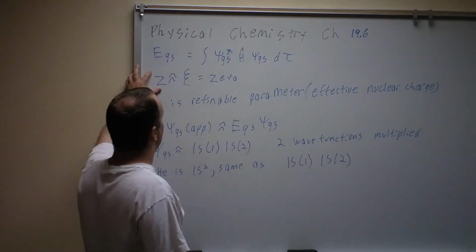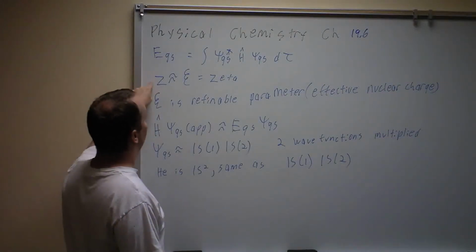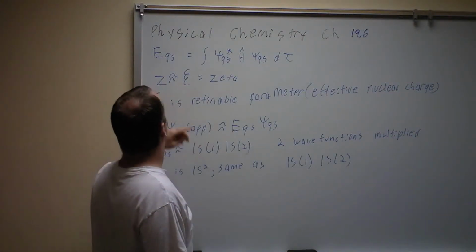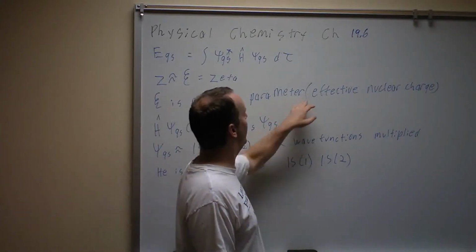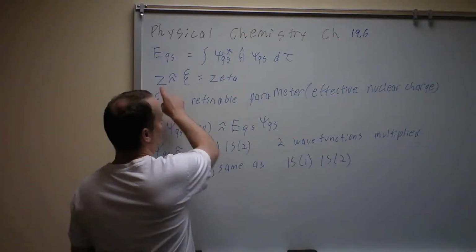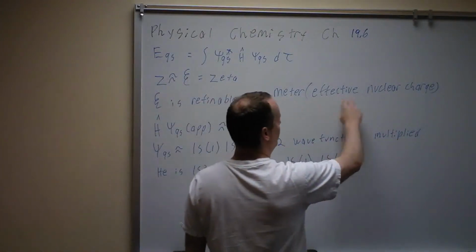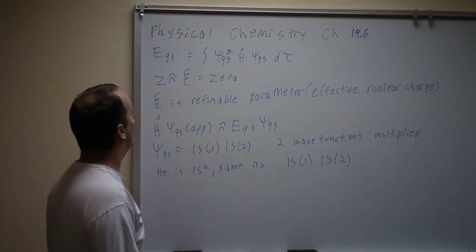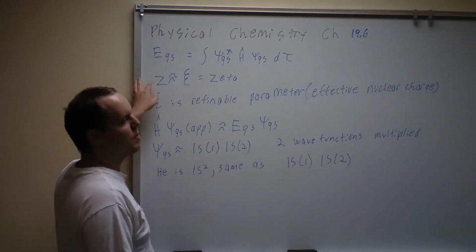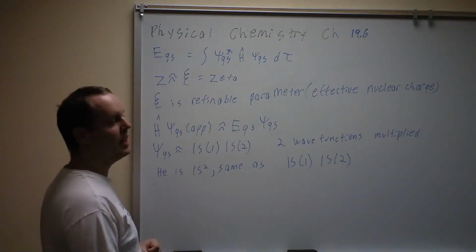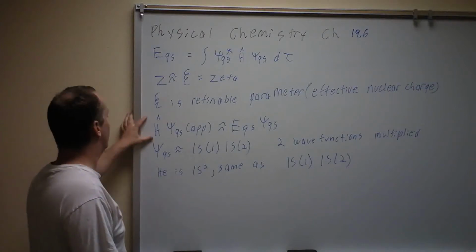So we're going to say Z is roughly equal to zeta, and zeta is going to be a refinable parameter. Now remember, this Z is the atomic number. So this refinable parameter is going to be the effective nuclear charge. So instead of 2 for helium, it might come out to 1.4 or something, slightly less. I'll explain why later.